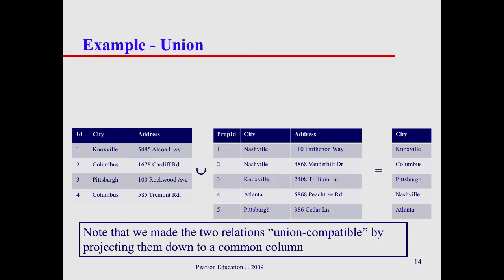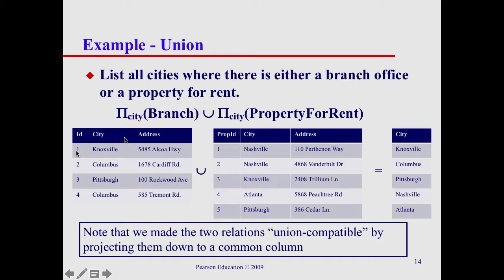Okay, and again, union, here we're taking the union, we're finding all cities where we have either a branch or a property for rent. The 2 relations actually are not union compatible initially because, although they have the same number of columns and the same domain types too, it wasn't quite what we were after.